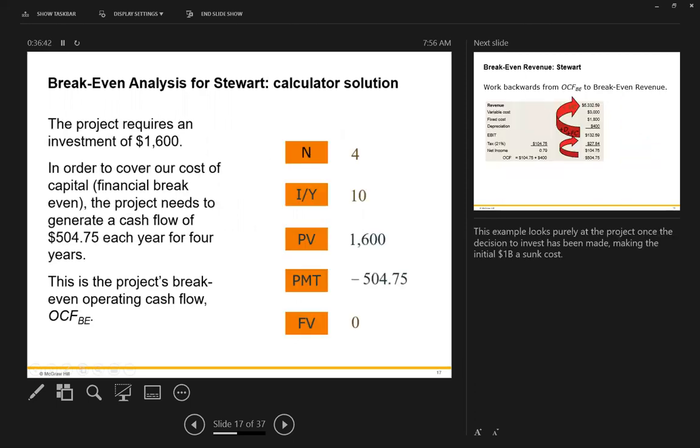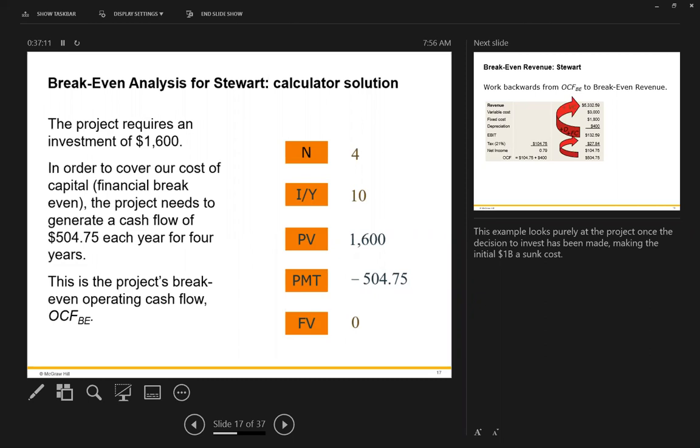So remember, going back, you can take a look back at the items. Put it in your finance calculator: 4 cash flows, discount rate is 10, the present value is 1,600 because that's how much we have to invest up front.